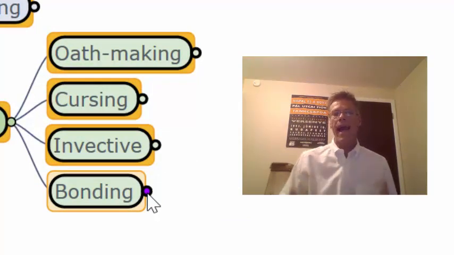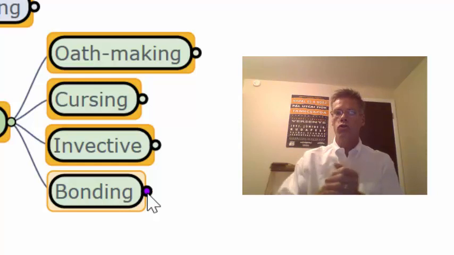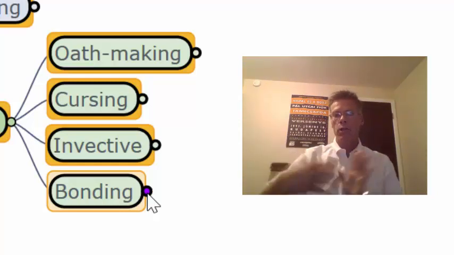And then finally, we've got the final type of associative swearing, which I think is an important one. This is more the casual use of swearing, of taboo words, in order to create bonds between individuals. What we find more and more is that people use taboo words as a way of signifying the relationship, especially a close relationship, that you are more likely to use taboo words with friends that you're close to.